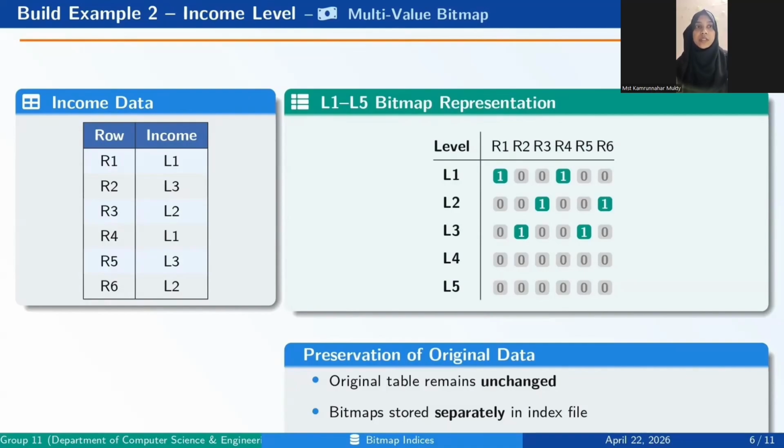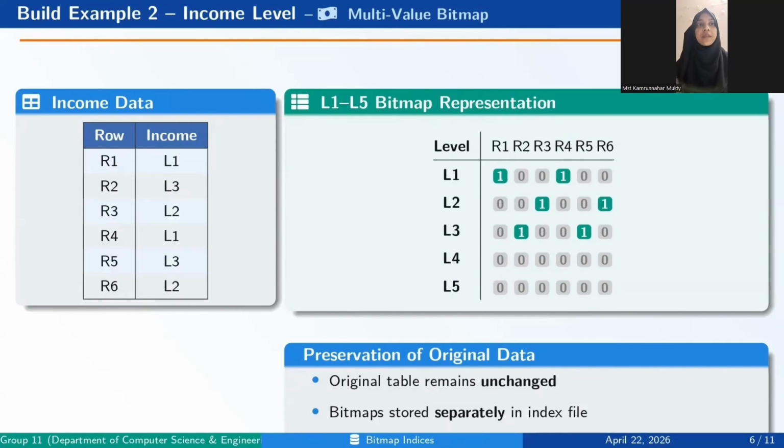For L2, the bitmap is 01001, so records 2 and 5 belong to L2. For L3, the bitmap is 10010, meaning records 1 and 4 have L3.